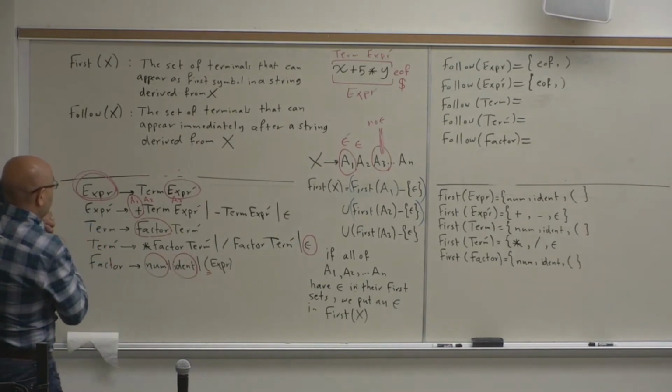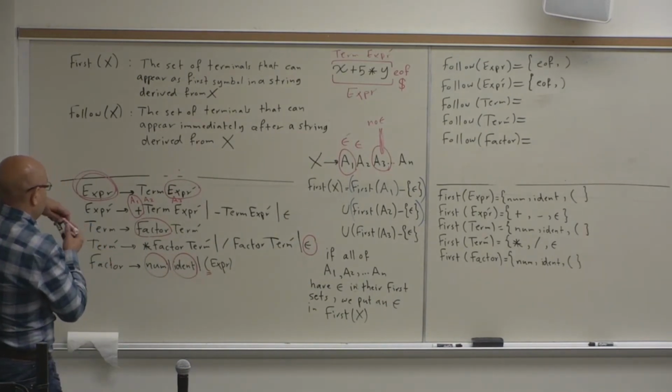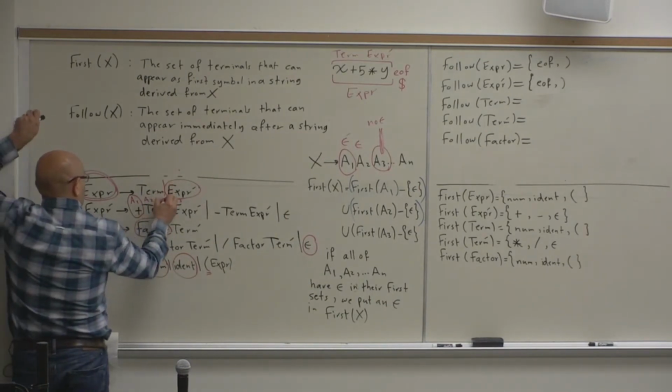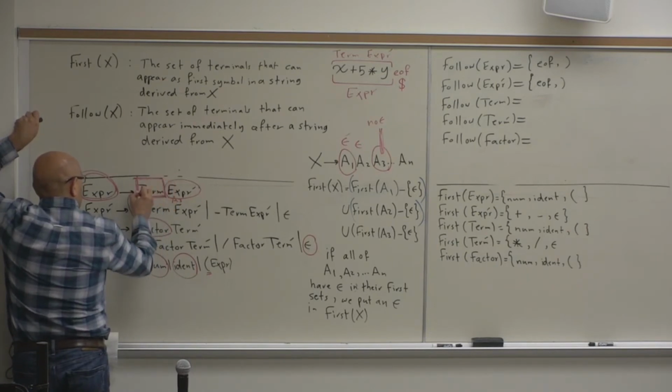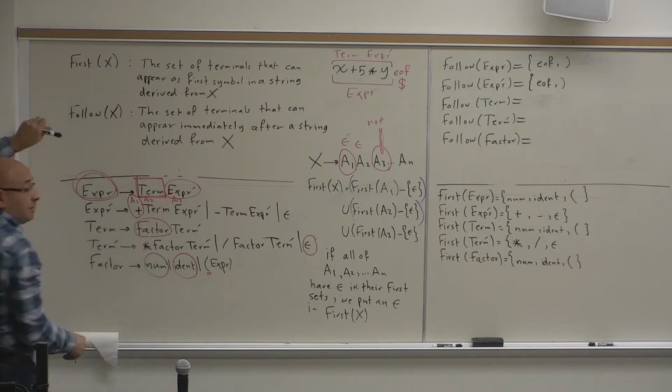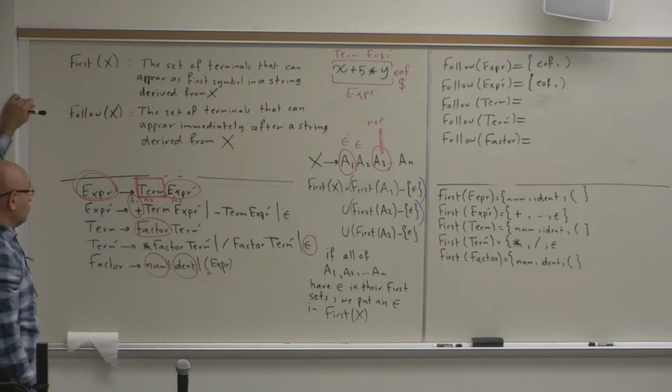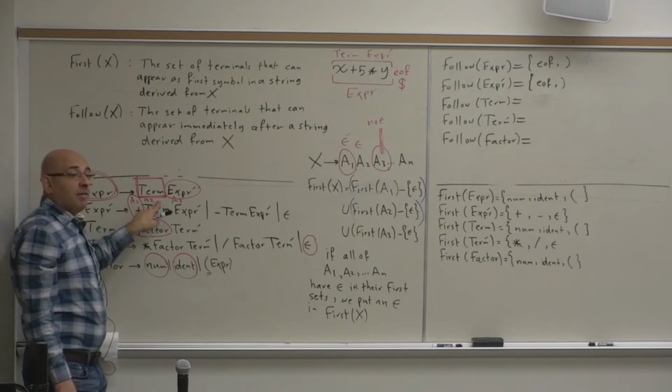Now we scan for term on the right-hand side, and this is the first term that we find. Now what do you think? Given this occurrence of term, what should we put in the follow set of term? Logically? Think logically. What should be in the follow set of term?